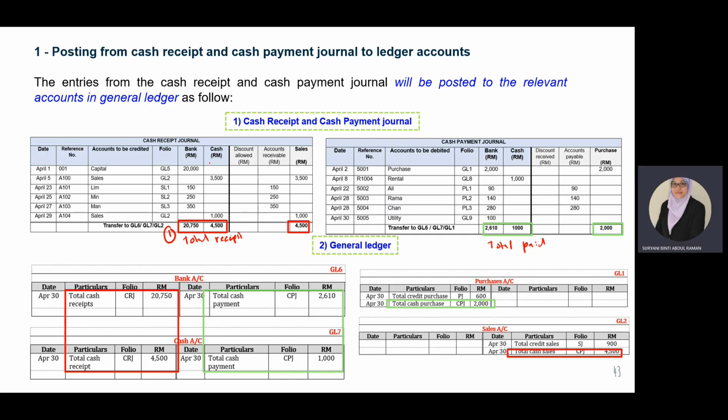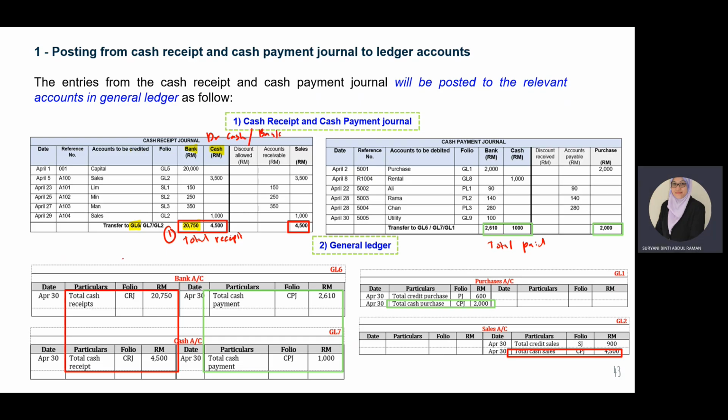Right, so the transaction here, we transfer to GL6 first. Remember GL6, we have to transfer 20,750, and since this account is credited, these accounts need to be debited. Okay, because the receipt of money is to debit cash or bank.